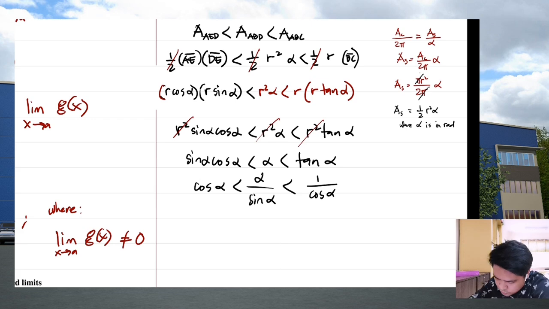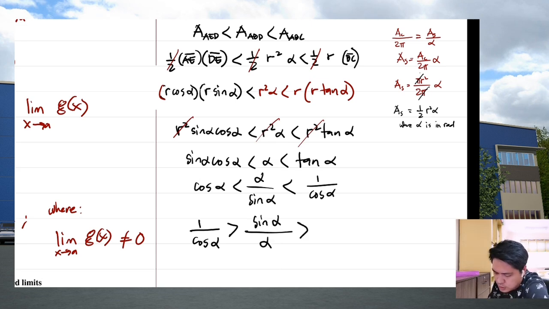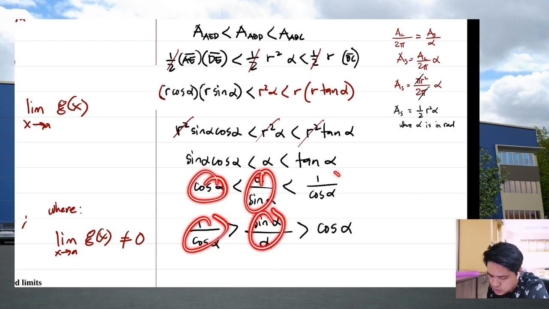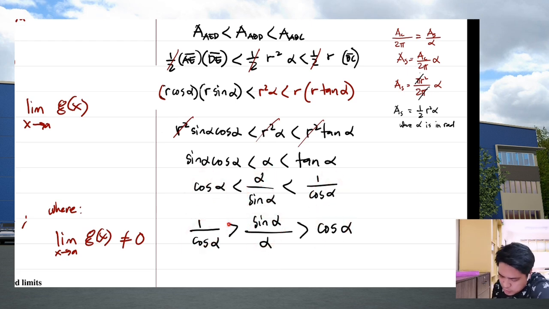So ang gawin natin, let us flip this. Get the reciprocals of this, so that would become 1 over cosine alpha. That would be greater than sine alpha over alpha and greater than cosine alpha. So what I did is I just took the reciprocals of each term. Reciprocal of this is this, reciprocal nito is ito. Bakit mabaliktad yung sign?